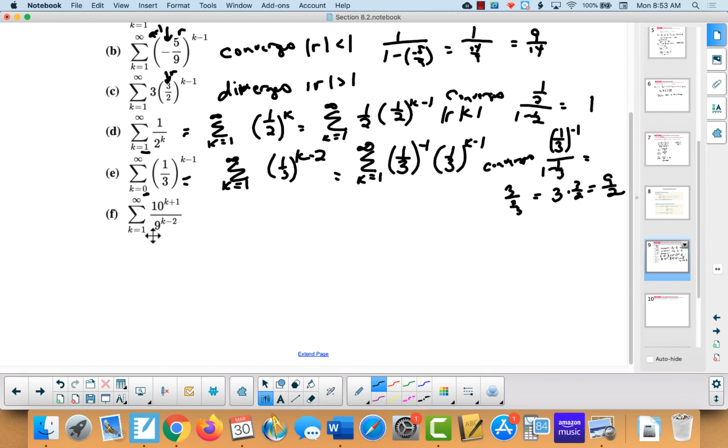Finally, this last one, this part is correct, but this part we have to work on to make it r to the k minus 1 power.